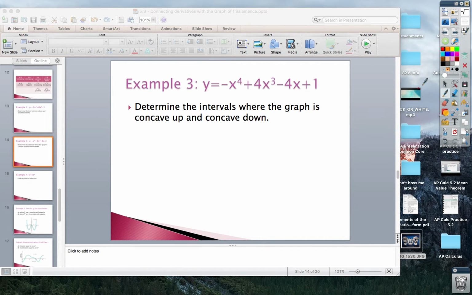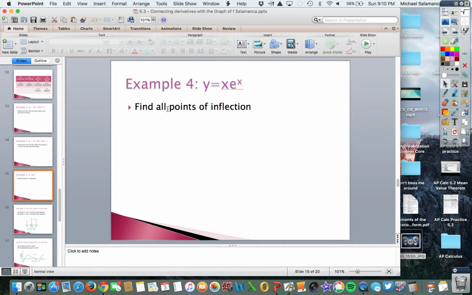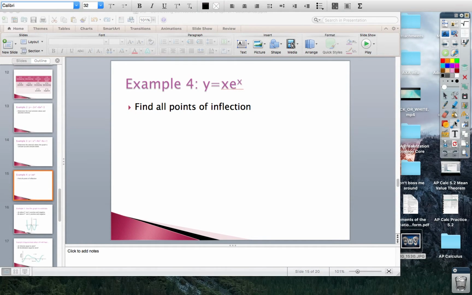So let's look at another example. Now notice this one says find all points of inflection. That's the second derivative. So we're going to go ahead and find the first and second derivative here. We get y prime is equal to derivative of the first times the second plus derivative of the second times the first.